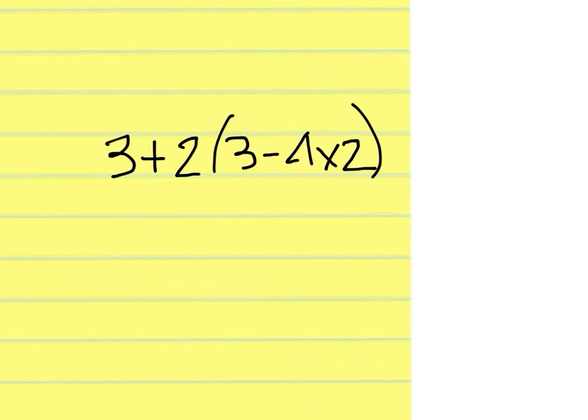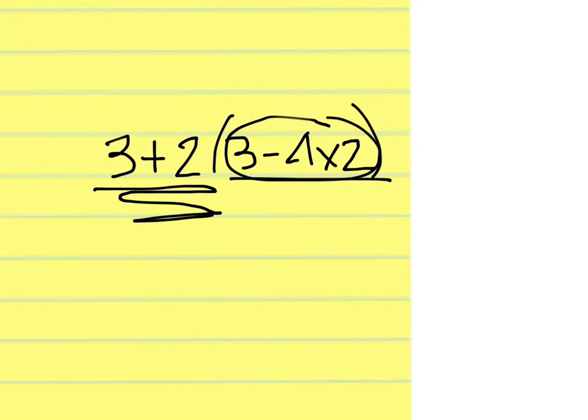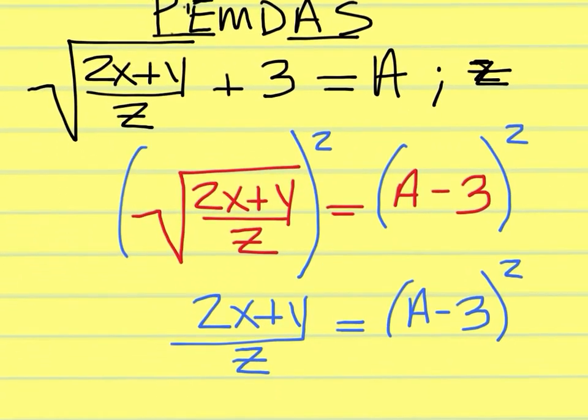Whenever you have a problem that is 3 plus 2 times the quantity 3 minus 4 times 2, you can't do anything with this out here until you take care of inside the parentheses first. So once you do all of that, you can go back outside the parentheses and then start over with the order of operations. And that's what we're doing here.